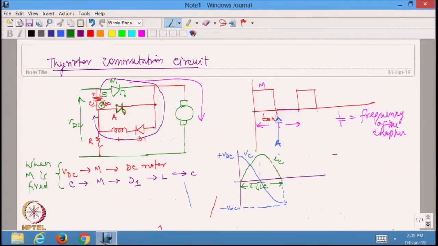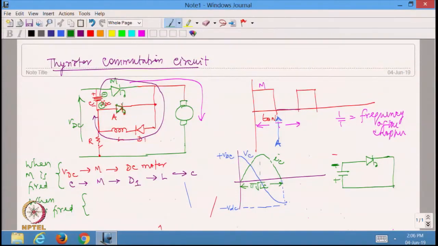So this is essentially when M is fired, whereas when A is fired after pi root LC elapsed from M, or even more than that, at that point I am going to have essentially the circuit somewhat like this. This is the capacitor which is having plus here and minus here, right? This is minus, and I am having the main thyristor here, and I have an auxiliary thyristor which is working like a short circuit.